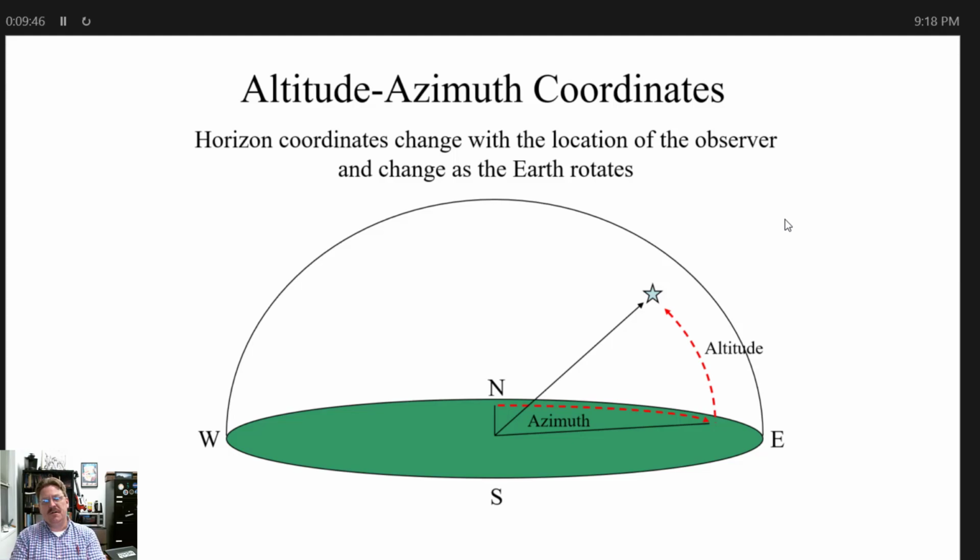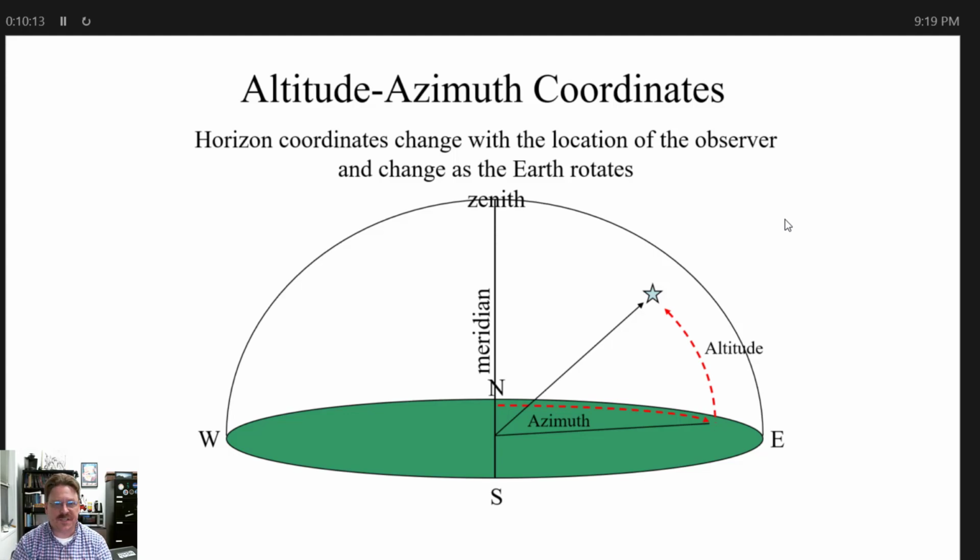So north would be 0, east would be 90 degrees, south would be 180 degrees, west would be 270 degrees, and so forth. So once you have the height above the horizon where an object is and where along the horizontal plane it is, then you can uniquely identify what that object is.